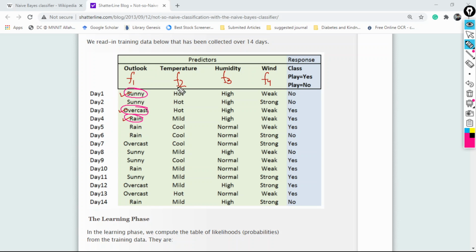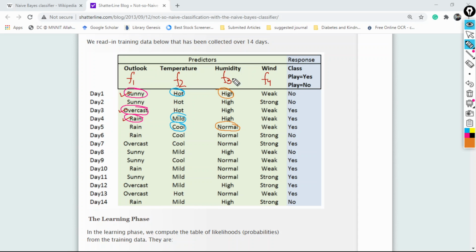In the second feature, temperature, there are also three types: hot, mild and cold. And humidity has two types, high and normal. You can easily see high and normal.